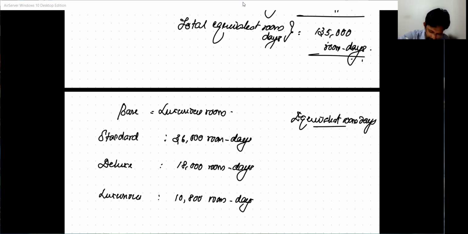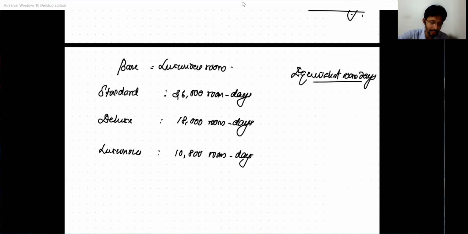Now when you compute equivalent room days, where the base is luxurious room, 10,800, each room day will be equivalent to 1 itself. So luxurious will be 10,800 into 1, that is 10,800 room days.